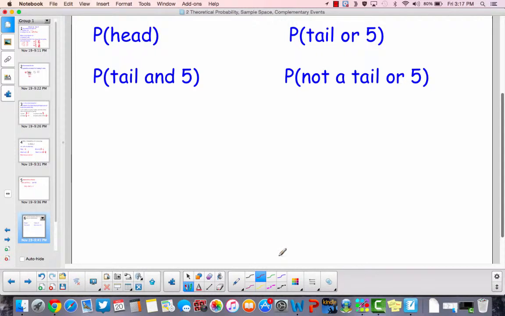All right, let's take a look at our grid here. We can put the coin on this side, and our two options are heads or tails. For the die, you've got 6 options, 1, 2, 3, 4, 5, or 6.